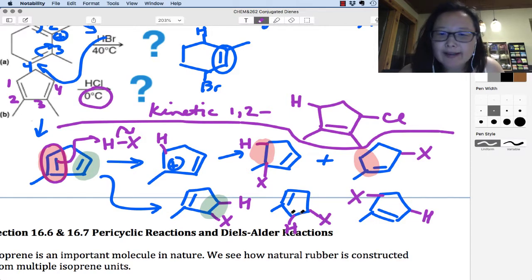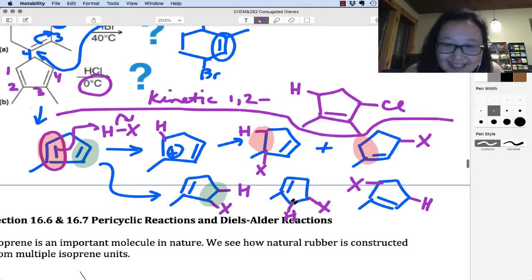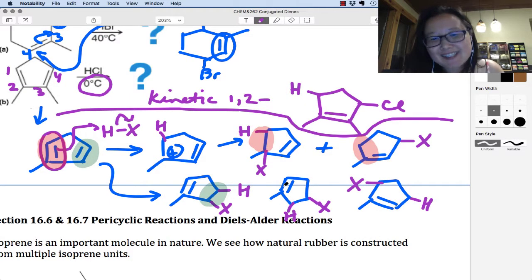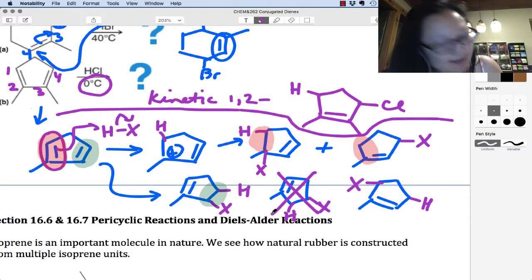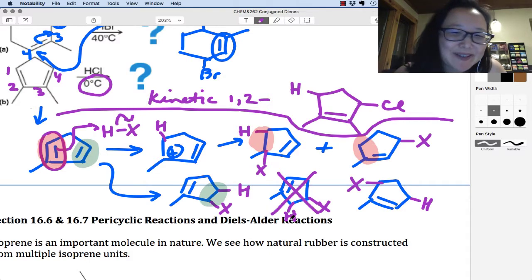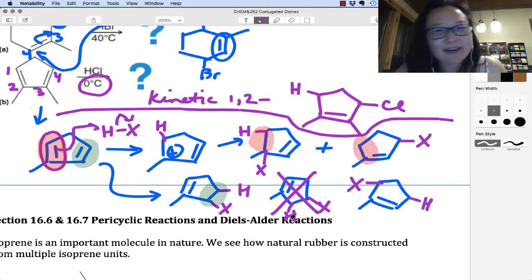Because the carbocation is equally stable. Well, actually no, because this is the allylic position, right? So yeah, actually I need to have the positive charge here because it's next to the double bond. So they're actually not the same. So you have to think about things like that all the time. So, just draw them all out, cross it out. If it doesn't work out, it's totally fine.